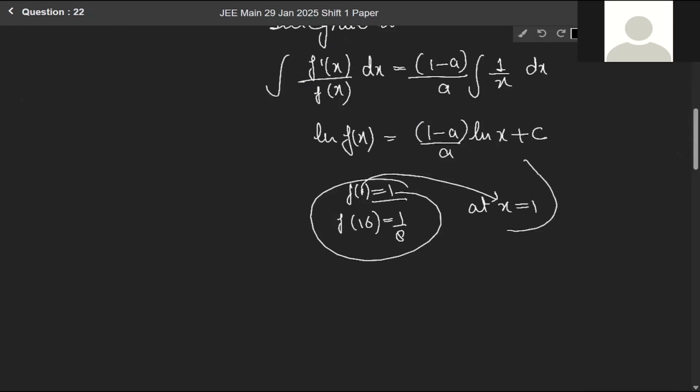So when we put this condition here, we get c equal to 0. So we have log f(x) equal to (1 minus a) over a log of x.